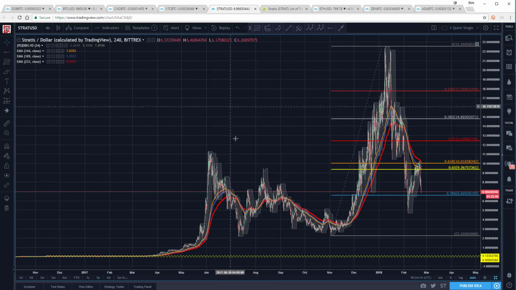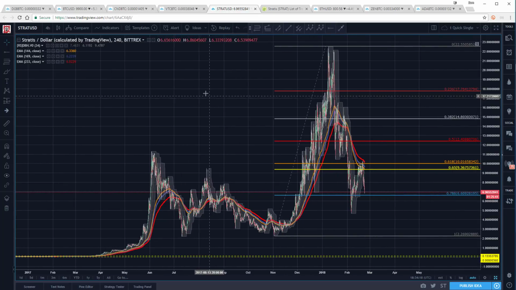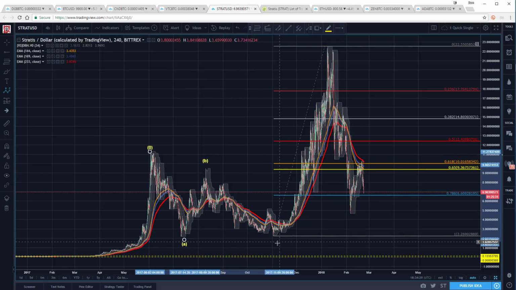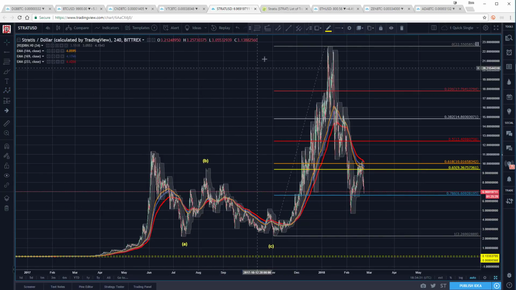You could make that case here, but considering the depth of this, you could clearly make the case that you have an A, B, C. We've got three waves there. But given the depth of it, you've got a little A, B, C here into the B. It's all right there.